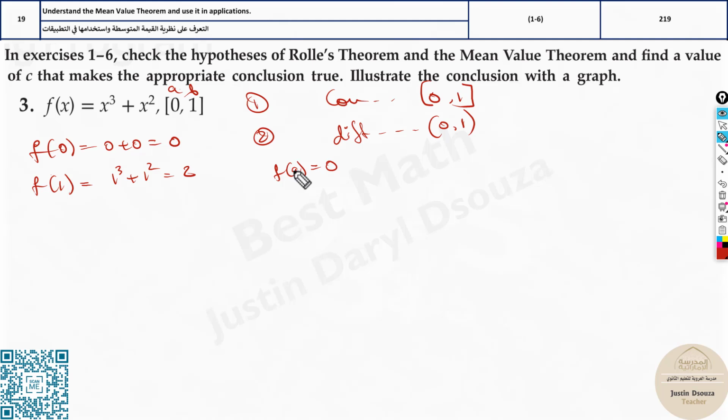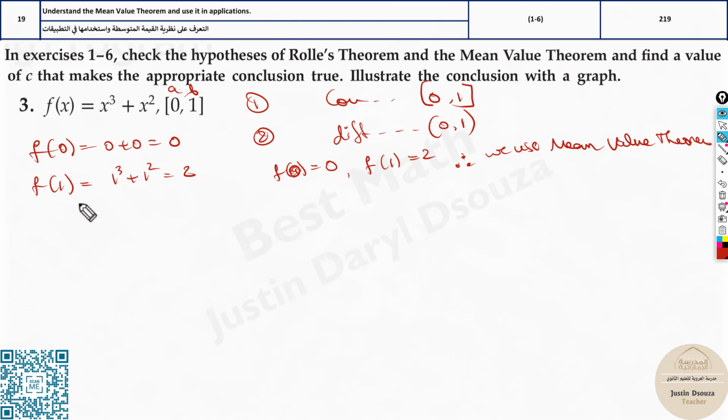You can write over here directly the value is 0, f of 0, and f of 1 is equal to 2. Therefore, we use these 3 dots, which means therefore, okay? Or you can write hence. We use the mean value theorem.